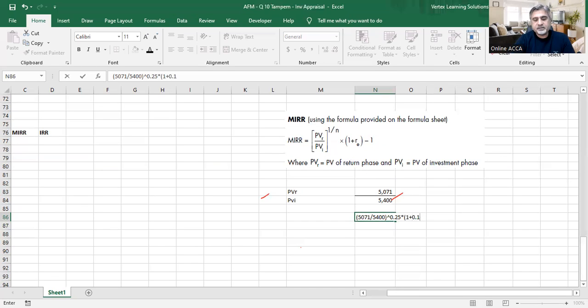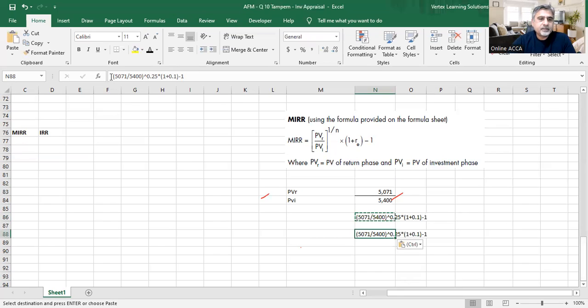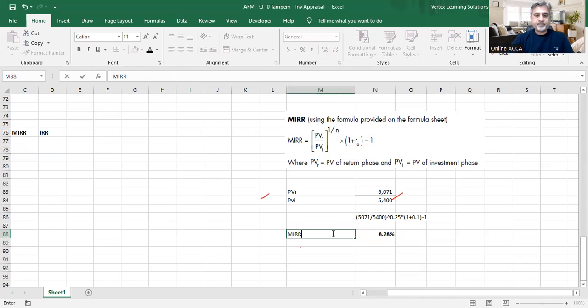RE is your WACC, okay, is your WACC. And you say minus 1. This is the formula. And that gives me something like 8.28%. This is my MIRR.